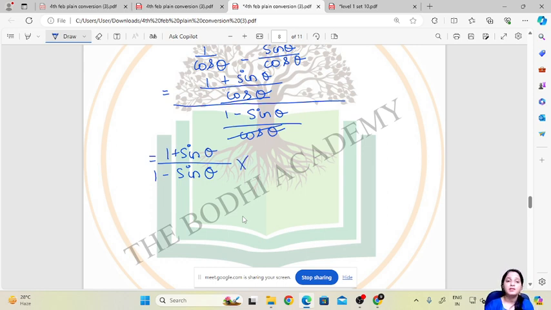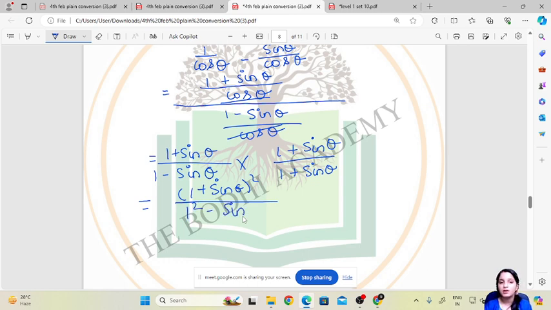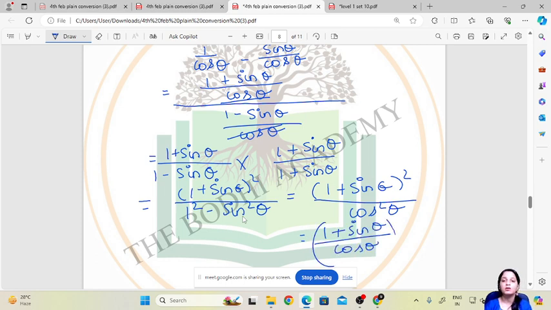Okay, now 1 minus sin theta, we have to take opposite sign, which is 1 plus sin theta. 1 plus sin theta into 1 plus sin theta is 1 plus sin theta the whole square upon 1 minus sin theta into 1 plus sin theta is a square minus b square, which is 1 square minus sin square theta. 1 plus sin theta the whole square we will keep as it is. 1 minus sin square theta is cos square theta, so it is 1 plus sin theta upon cos theta the whole square is the answer.